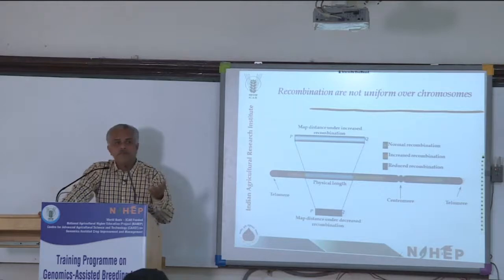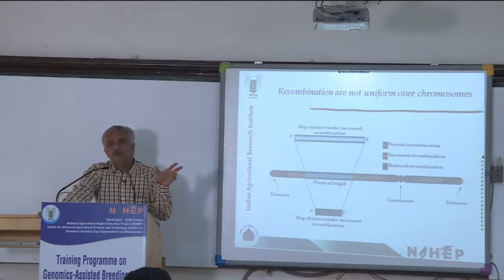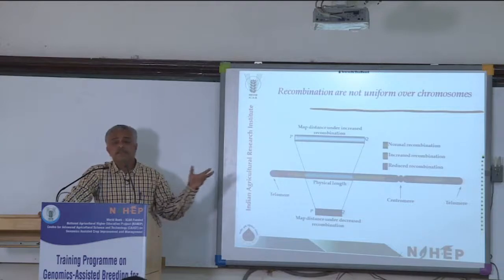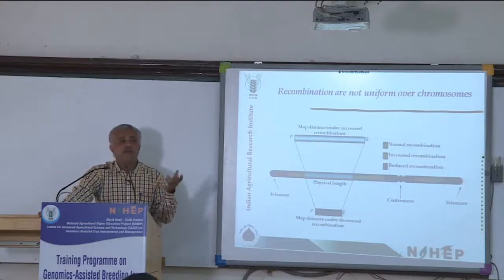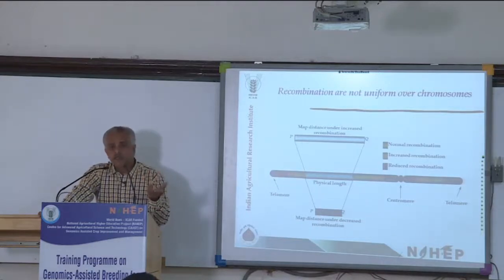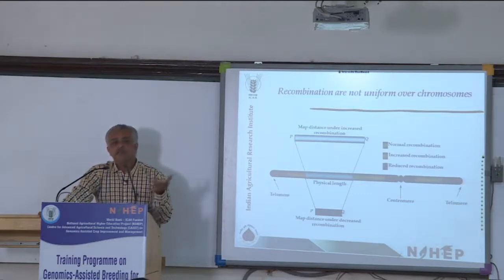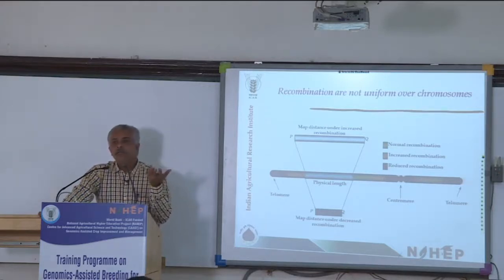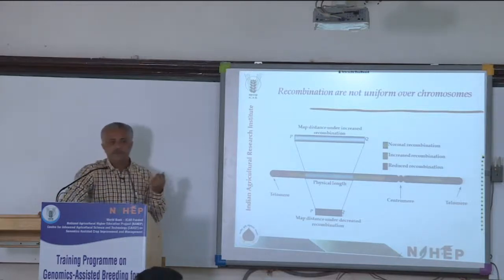When you have a point in the chromosome where you have frequent recombinations, we call it a recombination hotspot. Whereas in some places like the centromere region, you have hardly any recombination happening. The occurrence of recombination hotspots greatly influences your map distance estimation.